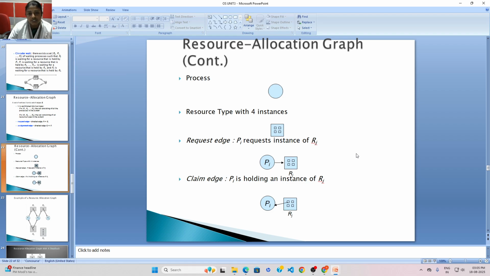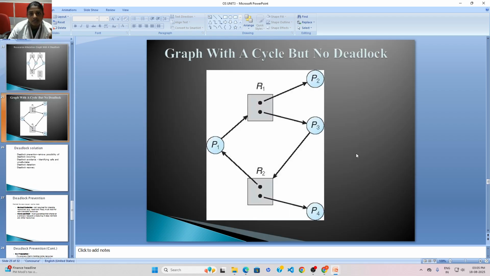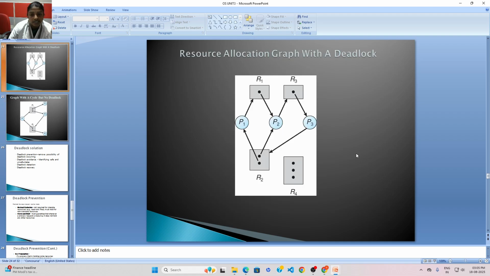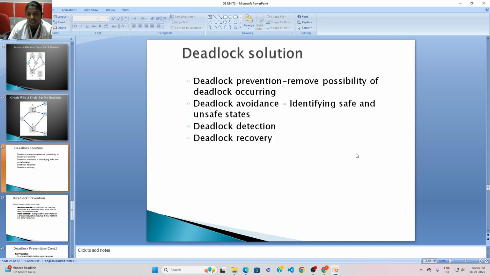The resource allocation graph has processes, resource types, request edges, and claim edges. There are many resource allocation graphs available. These are graphs with deadlock, and these are graphs with no deadlock. It shows when a deadlock occurs, how many processes and resources are involved in a deadlock, and when no deadlock happens. What are the graphs here?